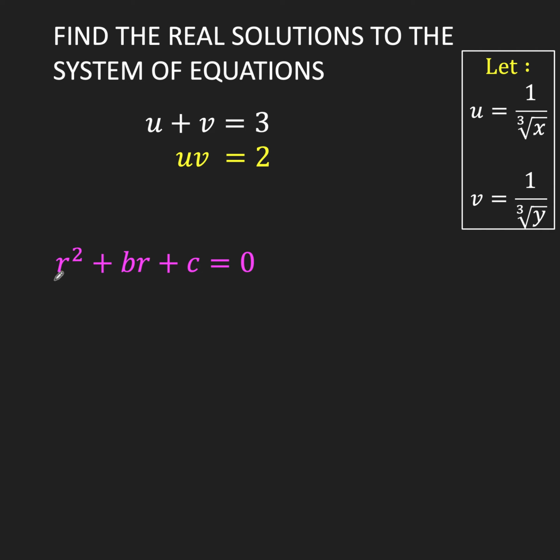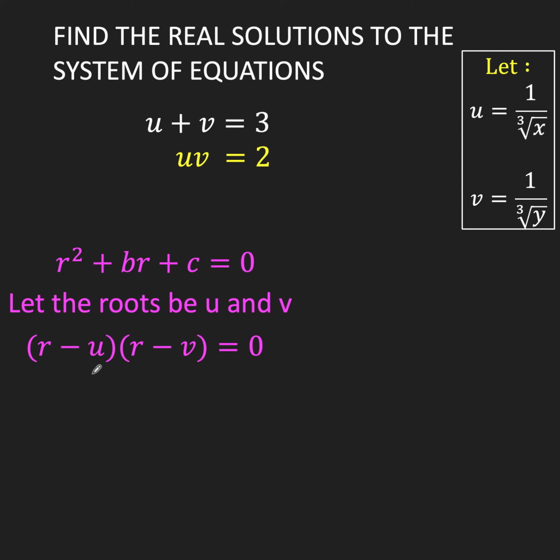So we have here a quadratic equation. If the roots of this quadratic equation are u and v, then we can rewrite that quadratic equation as the quantity r minus u times r minus v equals 0, because the roots are u and v. r sub 1 equals u, r sub 2 equals v.